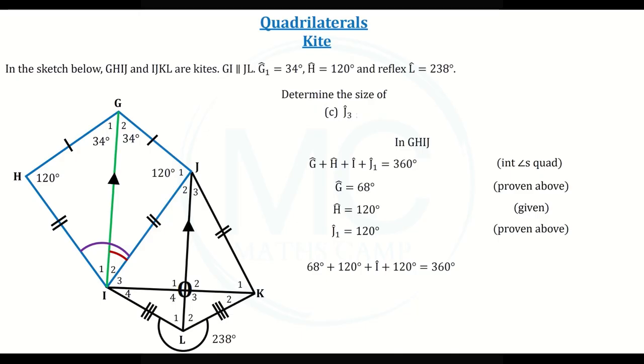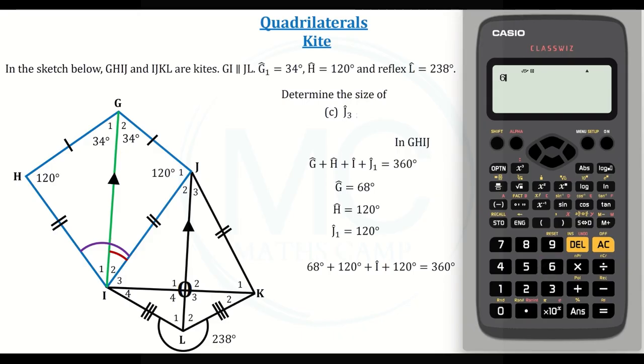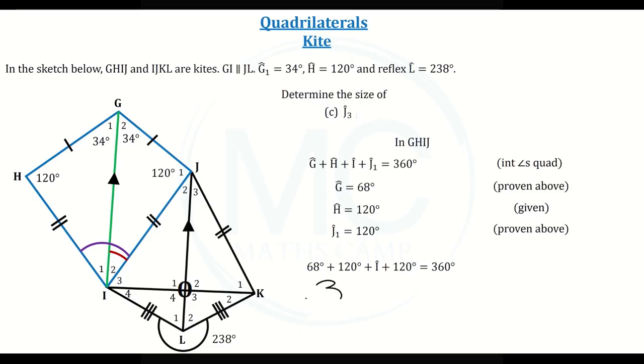Now we have an equation we can use to solve for I. Let's take our calculator. 68 plus 120 plus another 120 gives us 308 degrees, which means that 308 plus angle I gives us a total of 360 degrees.